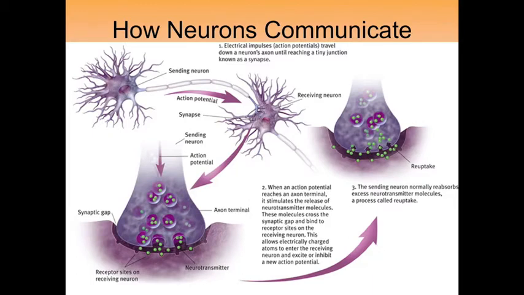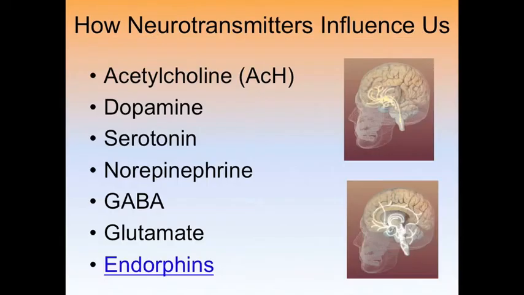It shows reuptake a little bit better. If you look at the last thing on this chart on the far right, it shows the sending neuron sending across those chemical messengers, the neurotransmitters, and once they have done their job and communicated to the next neuron, there's a process called reuptake, where all of those excess neurotransmitter molecules are reabsorbed back into the sending neuron's branches. So that gives you a little bit better idea what that looks like.